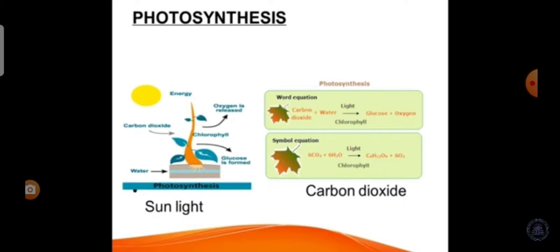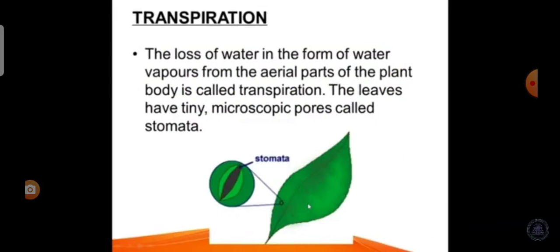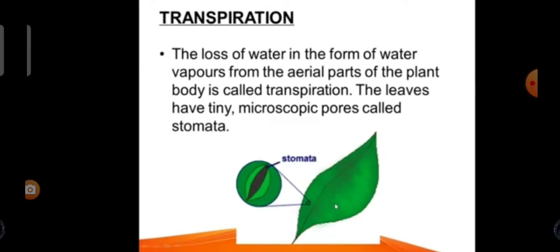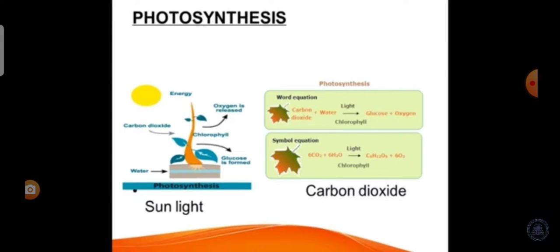Plants take in carbon dioxide for photosynthesis, but for living, plants also need oxygen to carry on cellular respiration. Chlorophyll, water, carbon dioxide and sunlight are necessary for photosynthesis.